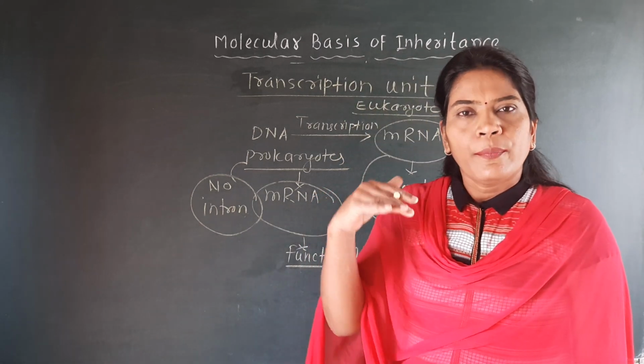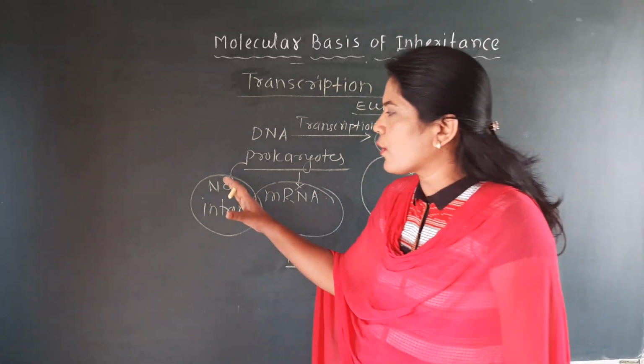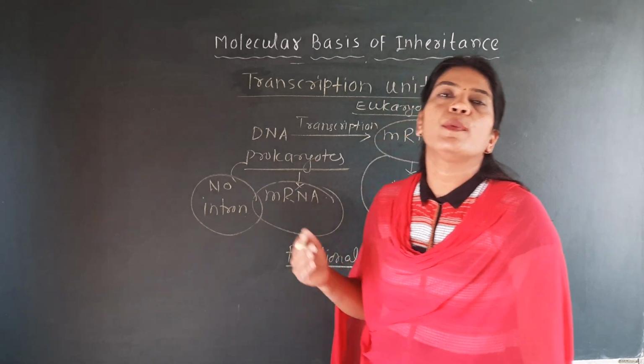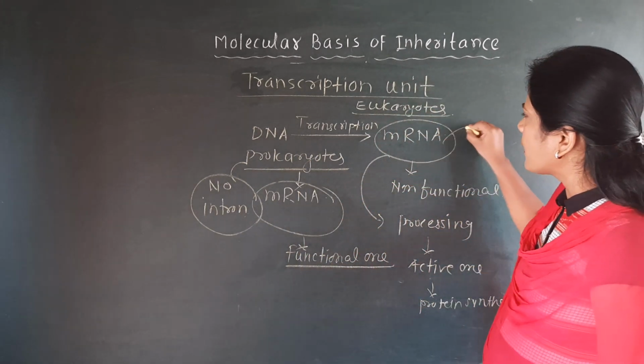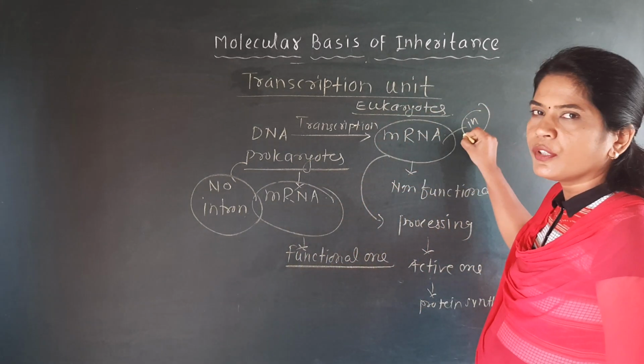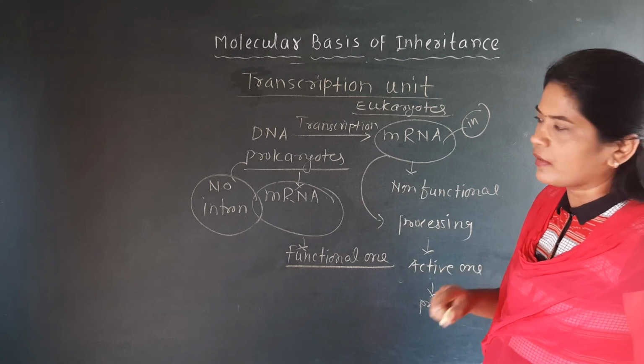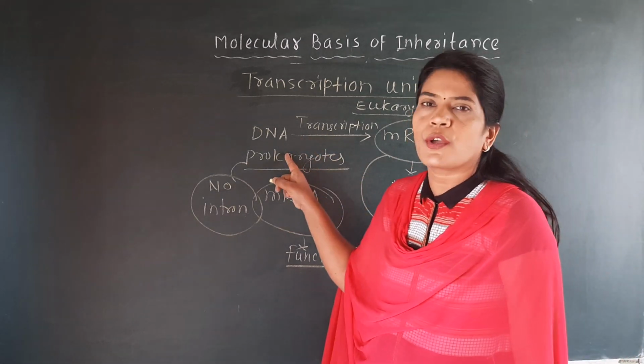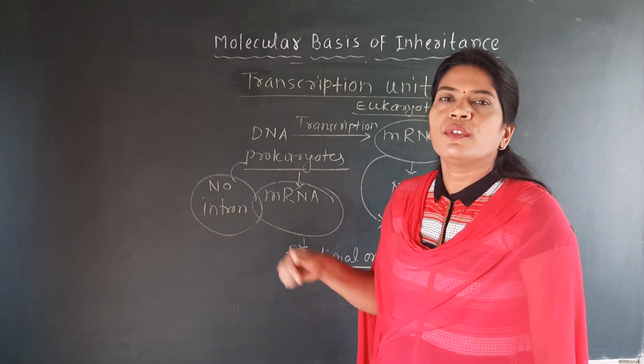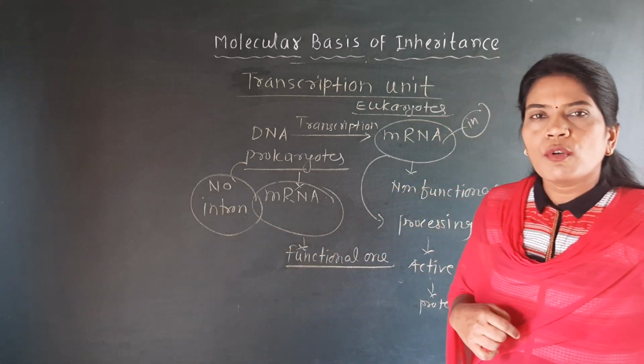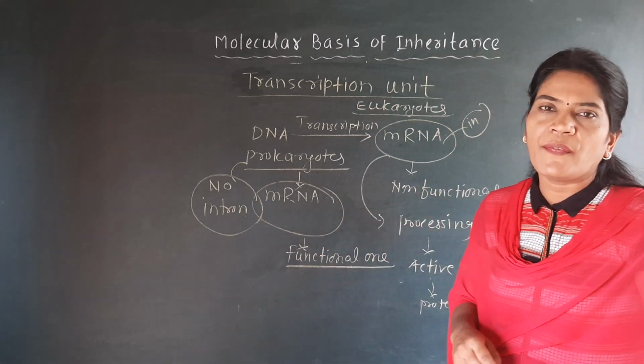So in the process of processing, the intron from that mRNA should be removed. Here on this mRNA, introns are present, so they are removed during processing. But on the mRNA of prokaryotes, no intron is present, so there is no need for removal, and no processing is found here.